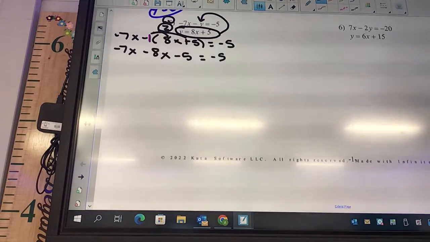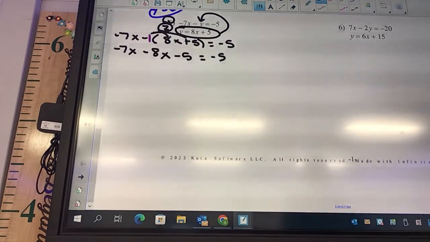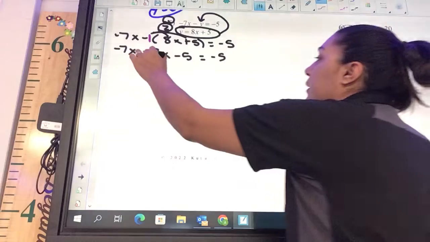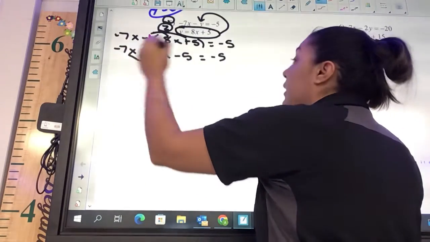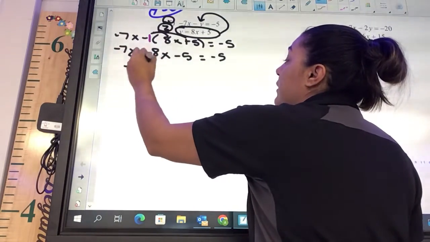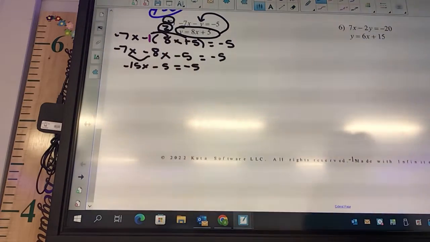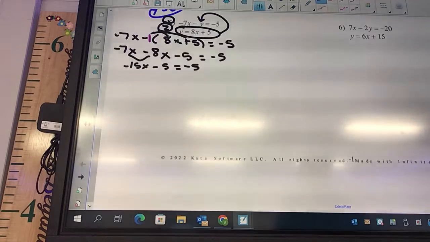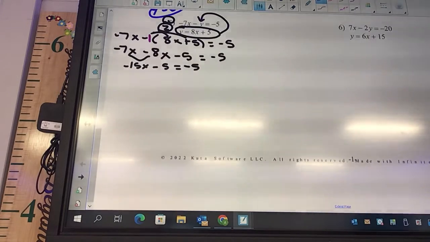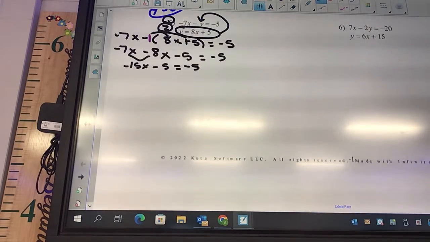Okay, what can we combine? The 7 and the 8 to give me negative 15x minus 5 equals negative 5. Okay, and then what? Add 5 to both sides.